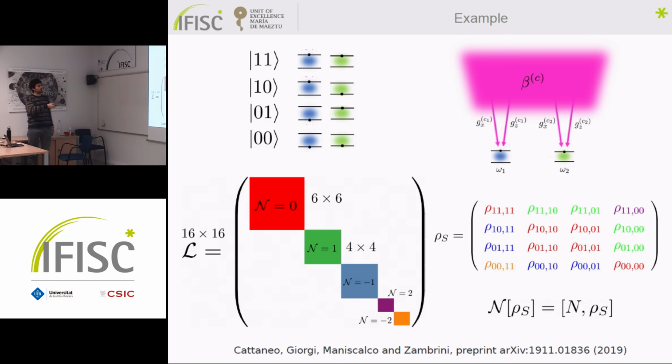So each block, the red block on the red elements, must give 0. The green block on the green elements must give 0. So the new state I've constructed by removing coherences must give 0 as well when the superoperator is applied. So it means that it's a steady state as well. And so there is not a unique steady state anymore, because I have just built 2.